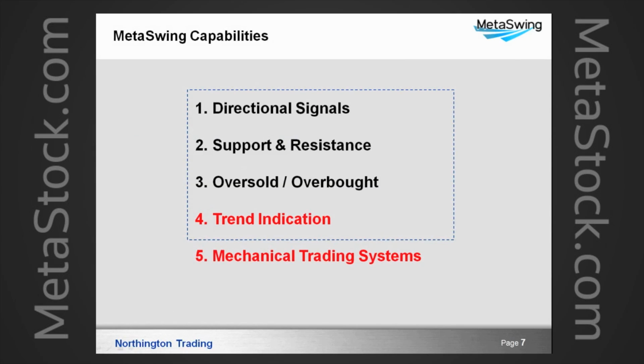It gives you support and resistance, which is extremely, let's call it, innovative. It's never been done the way that we do support and resistance because it's based on volatility. We do momentum in the version of overbought and oversold. Part of what we introduced for version 4 was updated trend indication and some short-term mechanical trading systems. So if time is willing, we'll show you all of that.